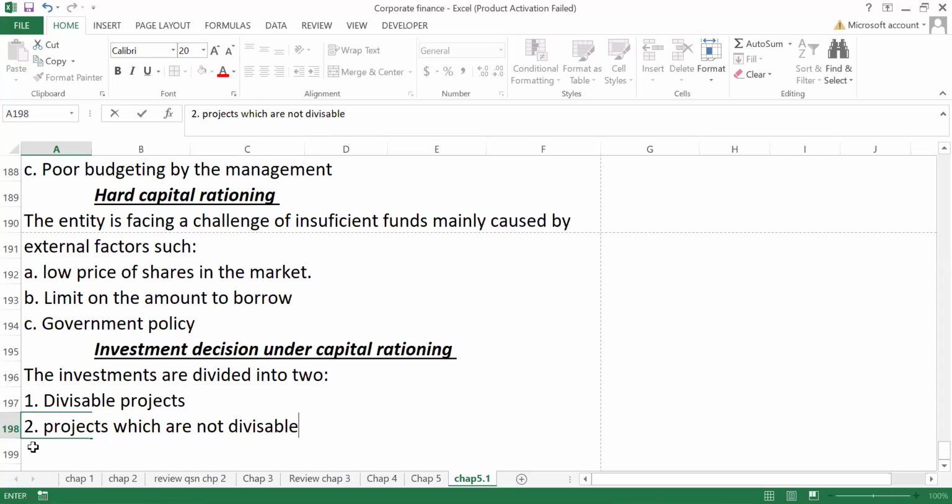So when you are making a decision under capital rationing, you're going to look at the type of the project. Is the project divisible or is the project not divisible? Now, what are divisible projects?